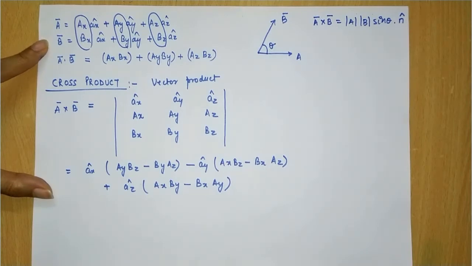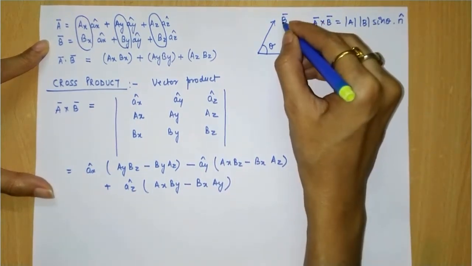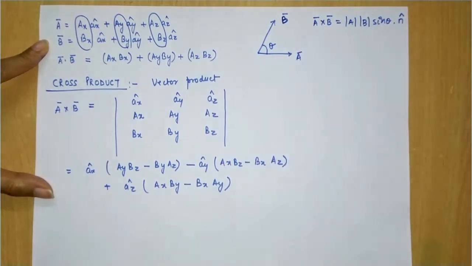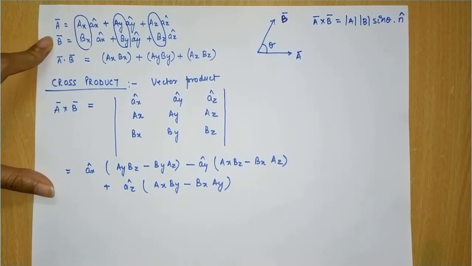This n cap is a normal vector, that is, a vector which is perpendicular to both A vector and B vector, and of unit magnitude. How to find its direction? If we keep the fingers of the right hand in the direction of vector A and then curl them around vector B, then the direction of the thumb gives us the direction of the normal vector.